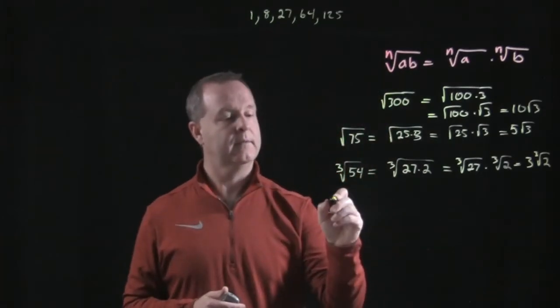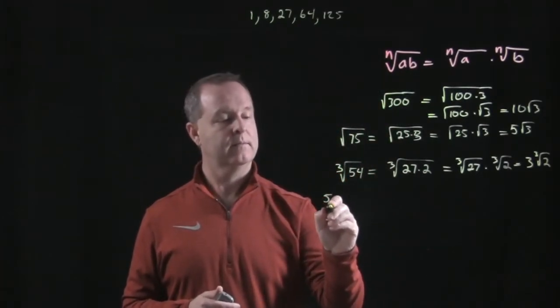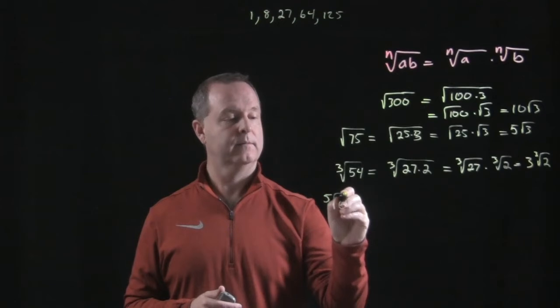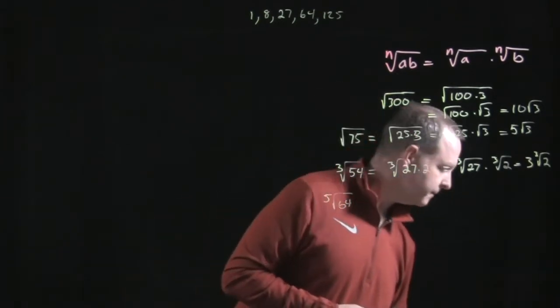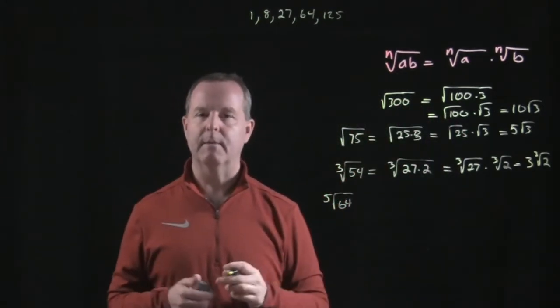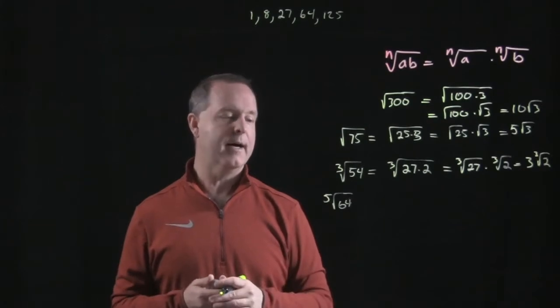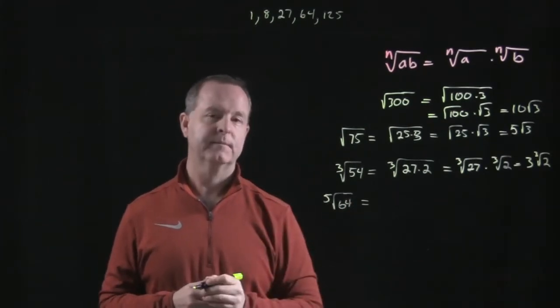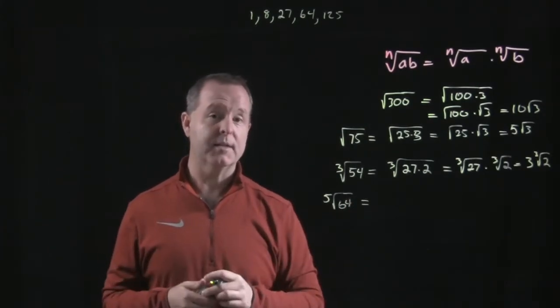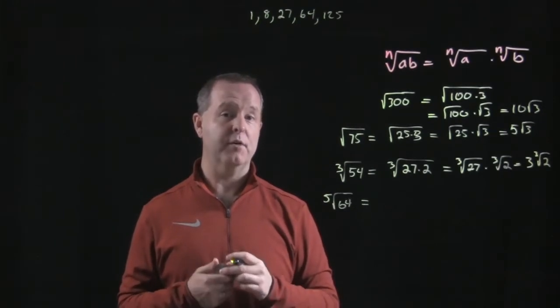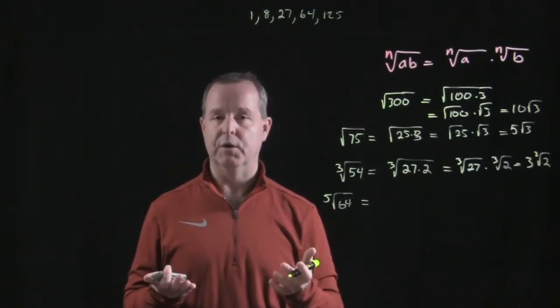The fifth root of 64. Now that one's going to be a little bit more difficult to work with. With practice, one of the fifth root numbers that we are very comfortable knowing is 2 to the fifth.